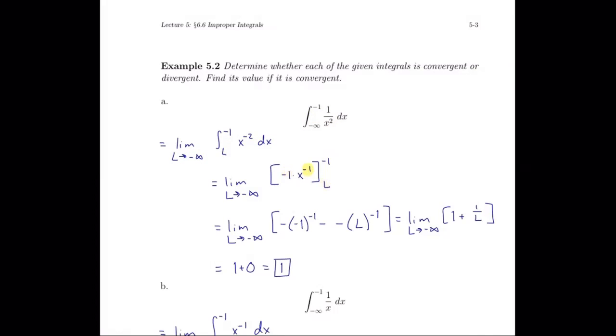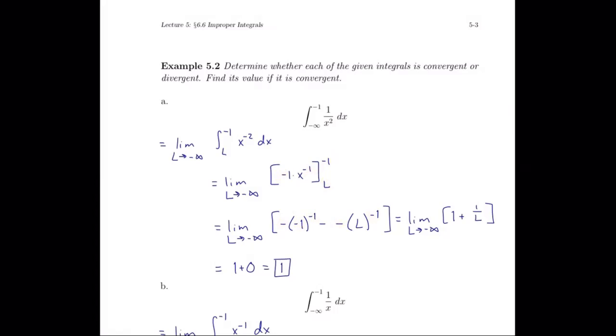That being the case, we've got negative, this is the minus sign here, and then plugging in negative 1 for our upper limit of integration to the negative 1 power, and then minus negative L, our lower limit of integration, to the negative 1.